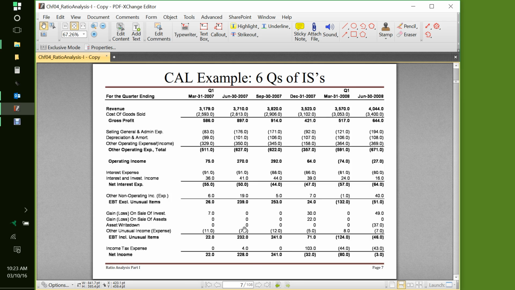That's going to be true for companies like Mattel, that sells a gazillion Barbies around Christmas and Hanukkah time, and they don't sell many Barbies throughout the rest of the year. So their fourth quarter revenue is way much higher than their first, second, and third quarter revenue.